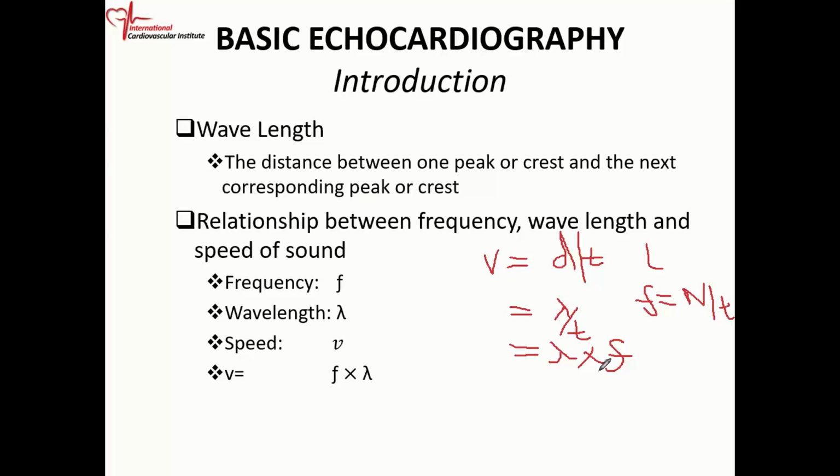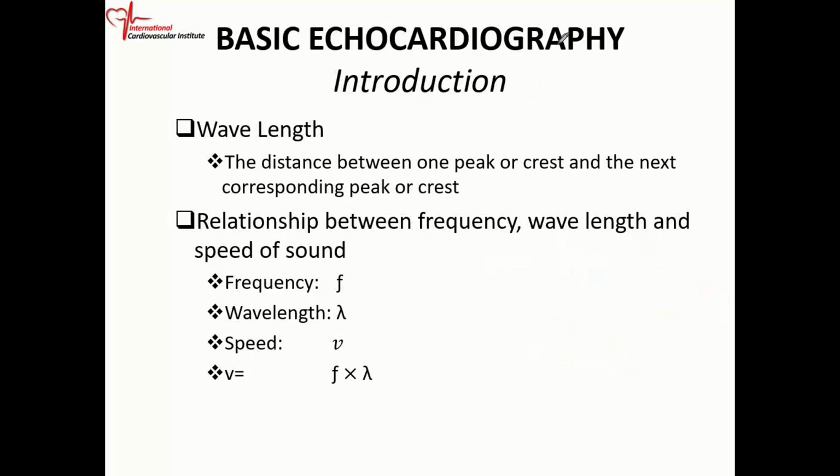These are numbers you need to memorize. The speed of sound in soft tissue is 1540 meters per second, much faster. So those are the things you have to remember, because it's going to live with you throughout your echo training.